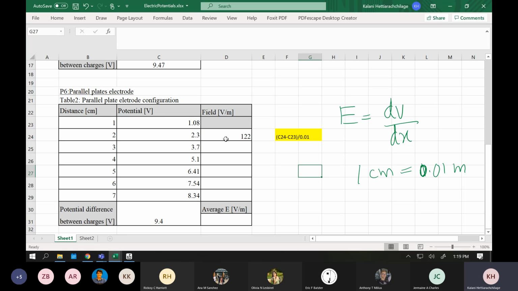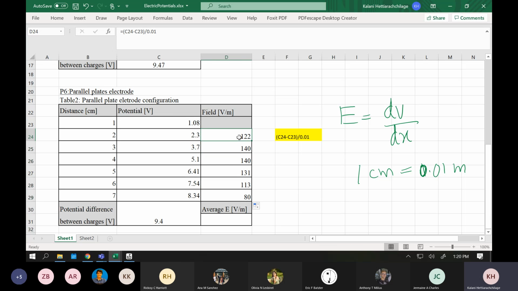Okay. And now from the Excel, we can easily calculate the rest of the electric field by choosing the correct reference for each cell, right? If you bring your cursor closer to the bottom right corner of the calculated cell, you will see a black plus sign open. Then you drag that all the way down, and it will calculate the rest of the electric fields for you.